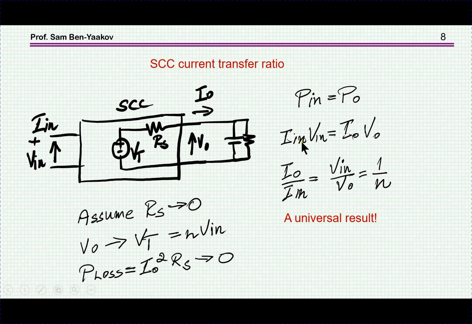Input is I in V in, output is I out V out, dividing the two, and knowing that V out is N times V in, we find that I out to I in is 1 over N. Okay, the voltage ratio is N times V in, while the current ratio is 1 over N, which makes sense because it's a constant power. So when you multiply the two, you should get 1.